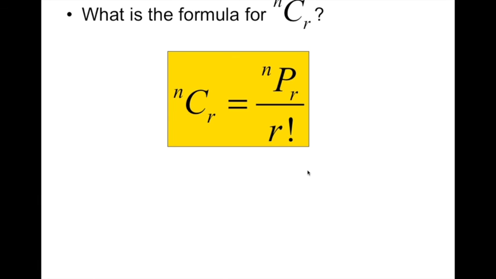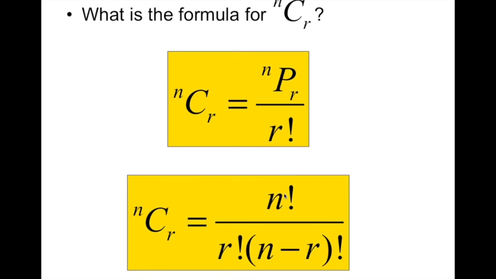So I'm dividing by R factorial, and if I condense that by actually saying what NPR is, n factorial over n minus R factorial, that's NPR, and then the R factorial is this bit here. So that is the formula that we use for n choose R, or the number of combinations of R objects from n objects.